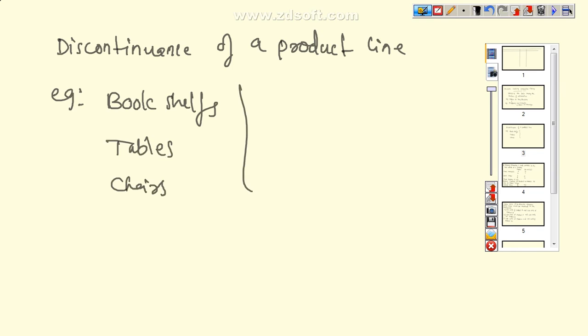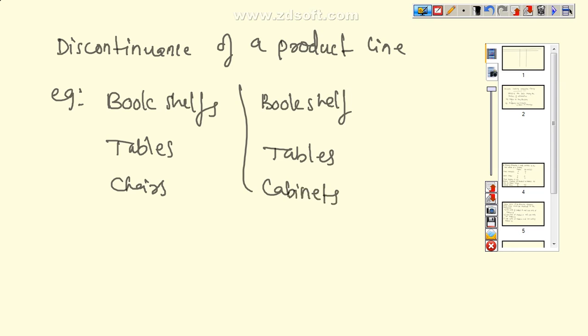Now the manufacturer is thinking of making cabinet in place of chairs, so they can make a second product line, that is bookshelf, table, cabinet. So they can decide whether to continue with the product line or not.